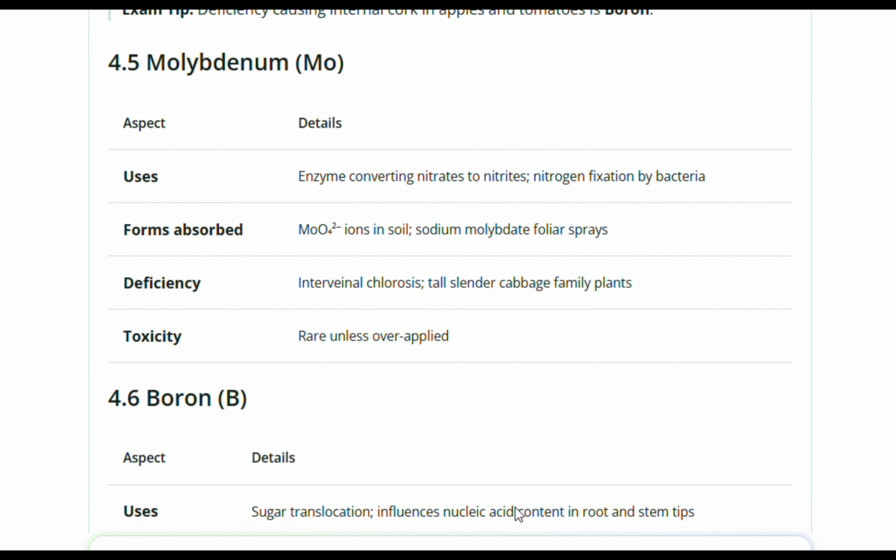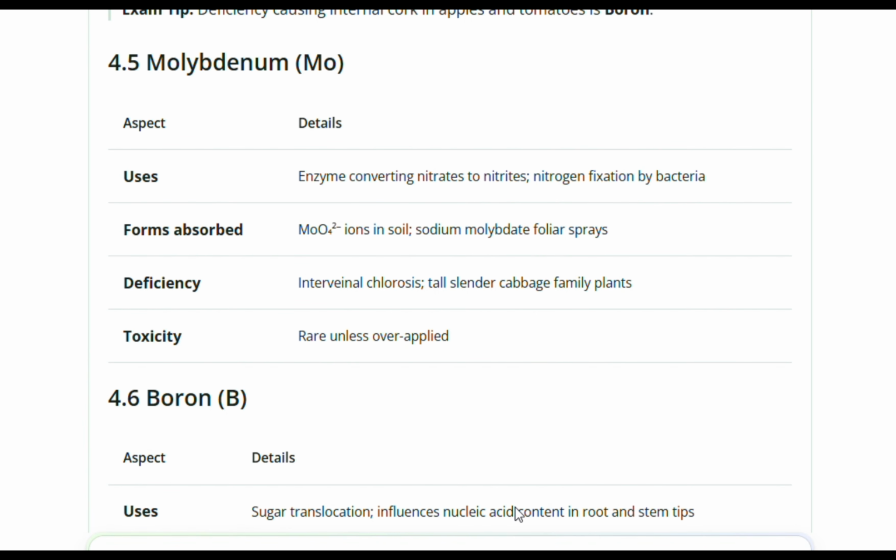Nitrogen fixation by bacteria, right? Forms absorbed: MoO4 2- ions in soil. Deficiency results in intervenal chlorosis, right?